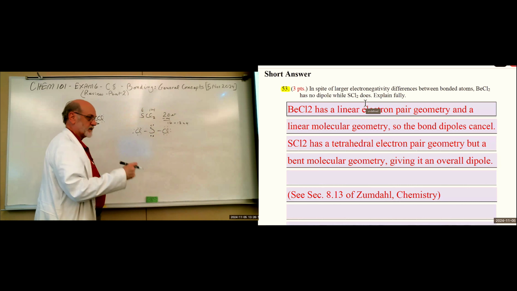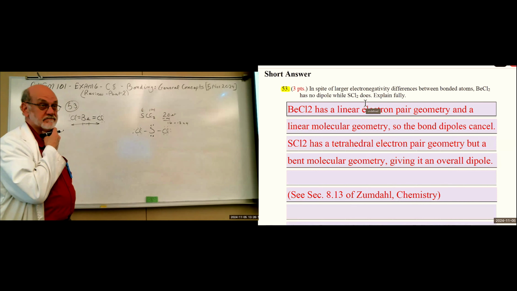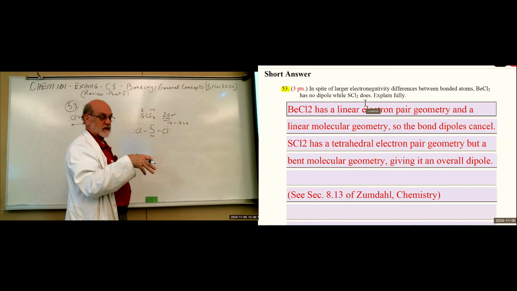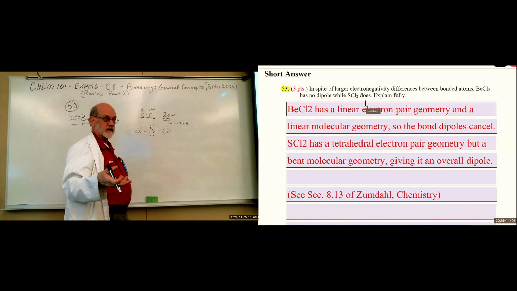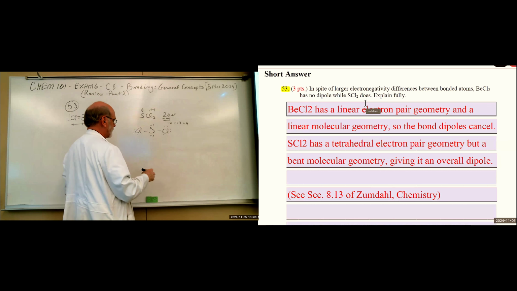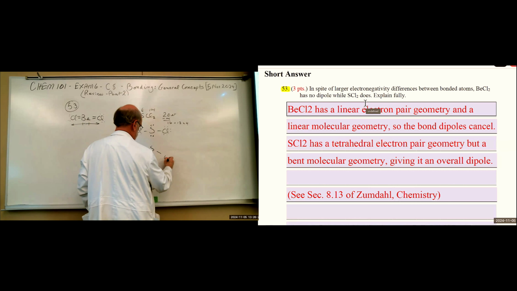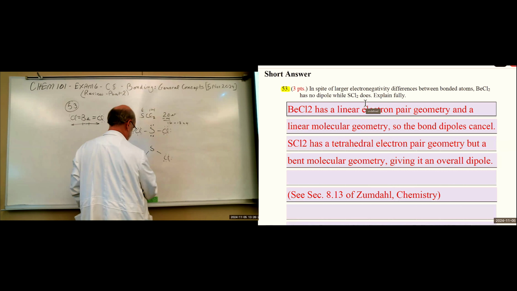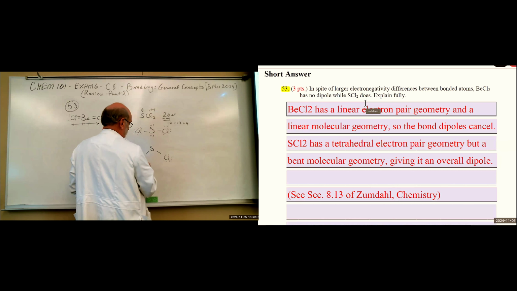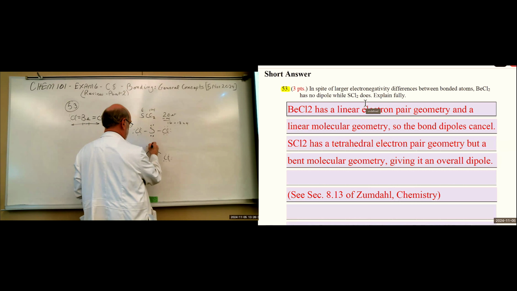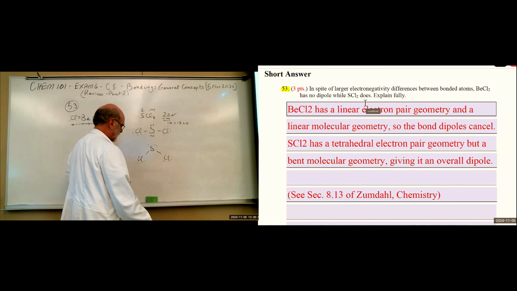All right, we see some similarities there between that and water. It's going to be tetrahedral electronic geometry, but bent. So if it's bent, that means we would draw it something like this. And lone pairs up here.